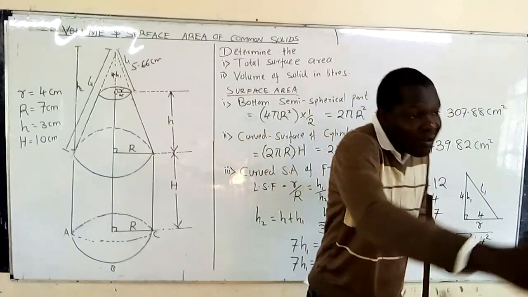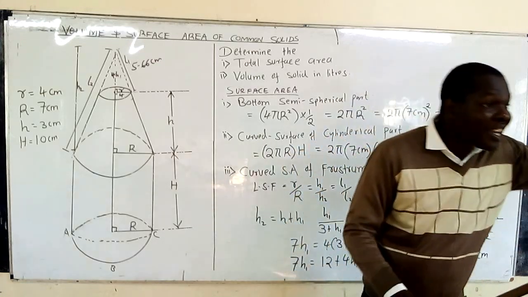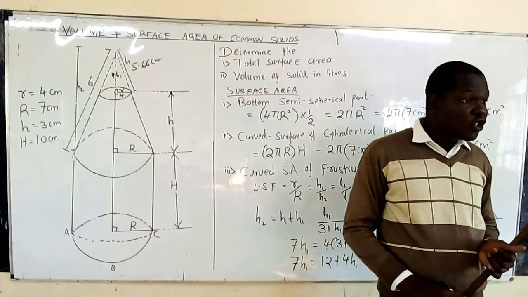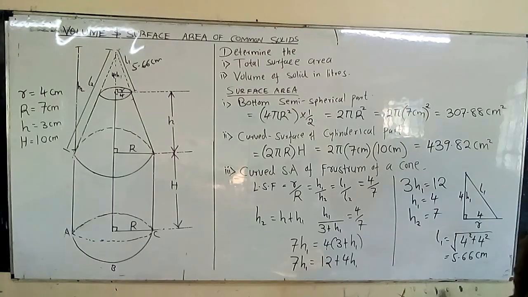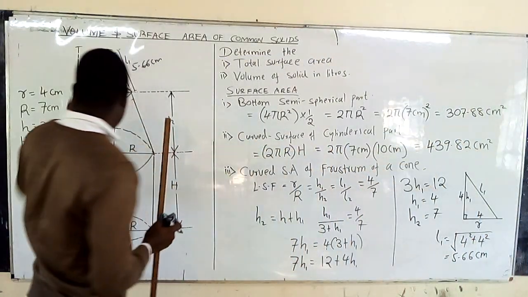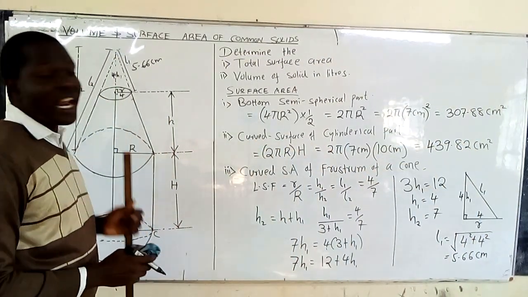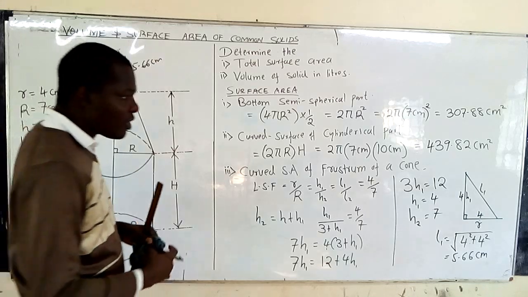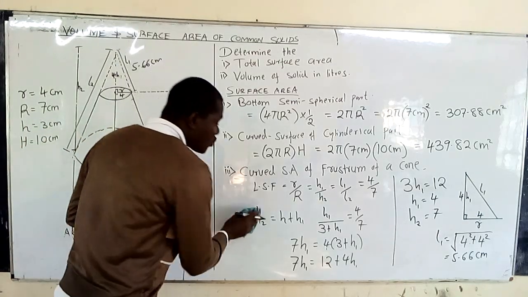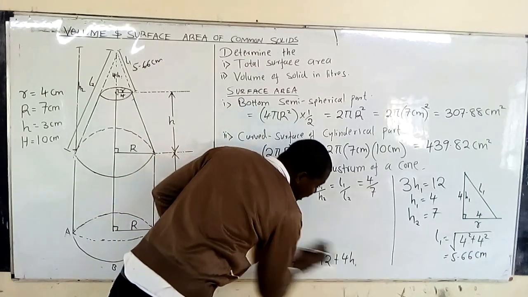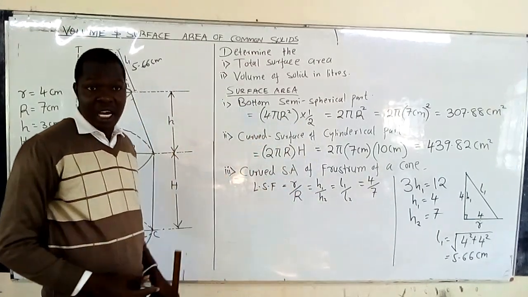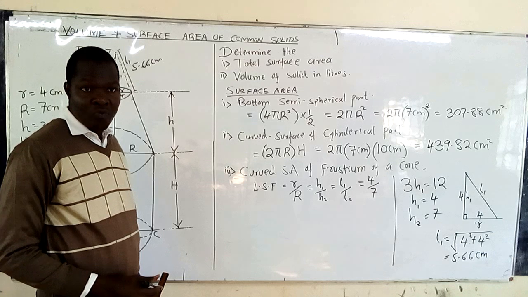Then it is now the curved surface of the bigger cone minus the curved surface of the smaller cone. Meaning you don't even need to waste your time getting this L2, isn't it? But if you like, you can as well get it. Are we together? If you don't want to use area scale factor, you can still get it without using area scale factor. Okay? Are we together?